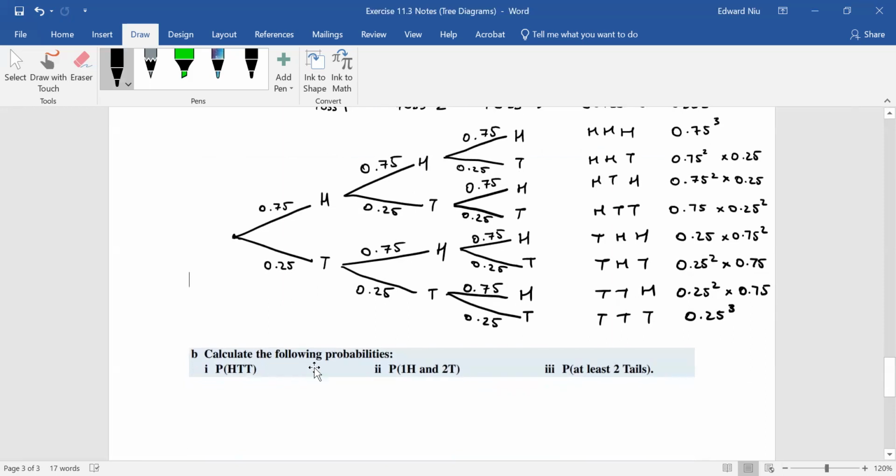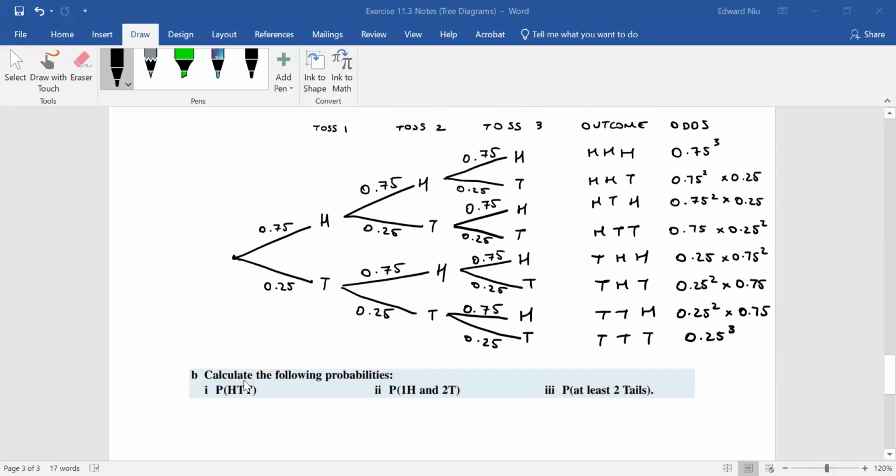So calculate the probability of head, tail, tail. Now, this is kind of vague. Let me think. Does the order matter? I don't think so. So the order actually does matter. Why?